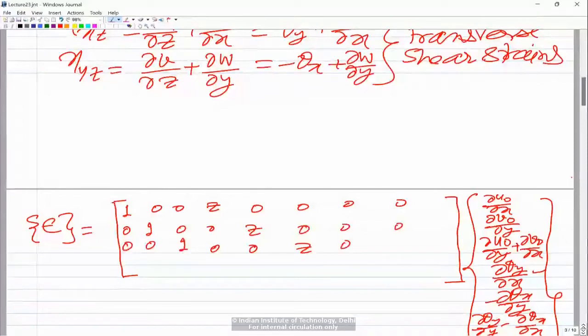And then if you look at the last two transverse shear strains, gamma xz and gamma yz, they are as it is. So this column is 1 and 0, and then you have 0 0 0 0 0 and 1. So we can separate out the epsilon variation in z and xy separately.